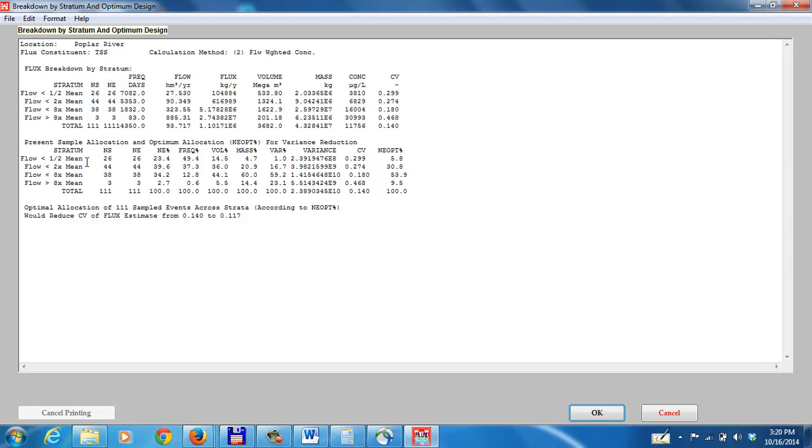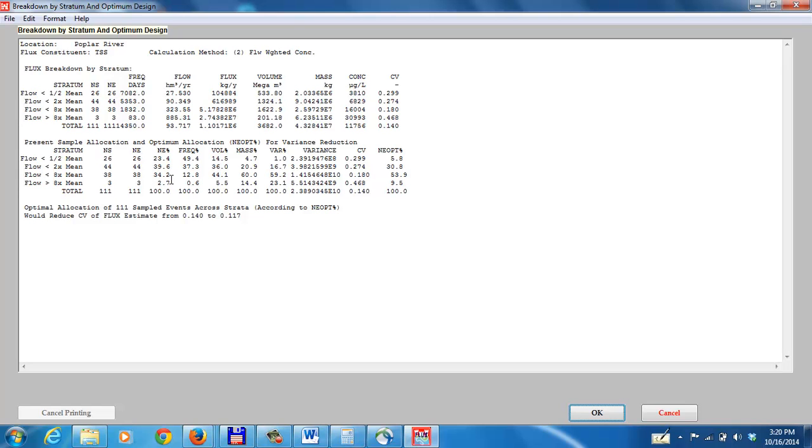The current allocation of sampling to the different strata, we have 4 strata, is, let me put it in terms of percent, 23% in the less than 1/2 mean flow. And between that one and the 2 times the mean flow, we have 39%, almost 40%.